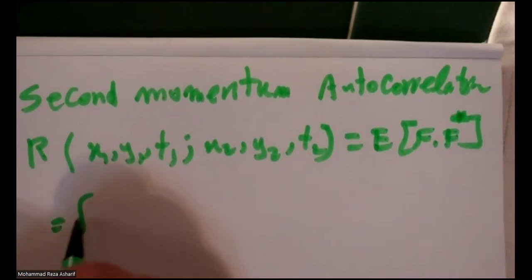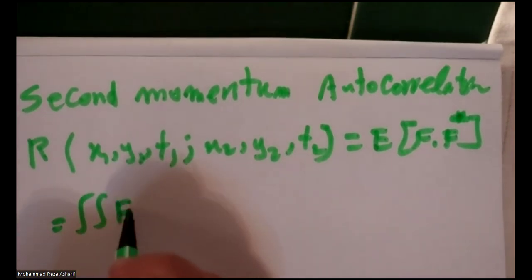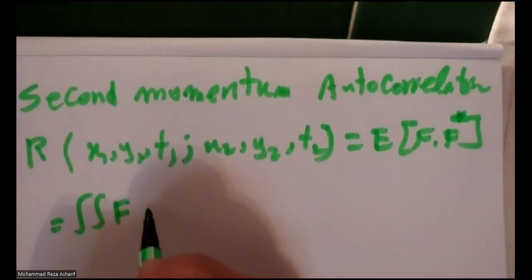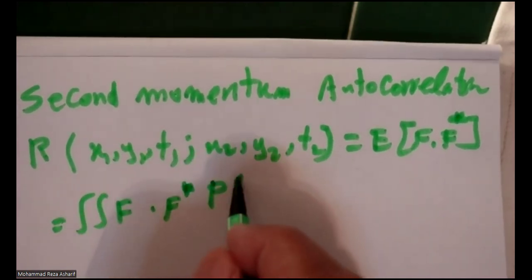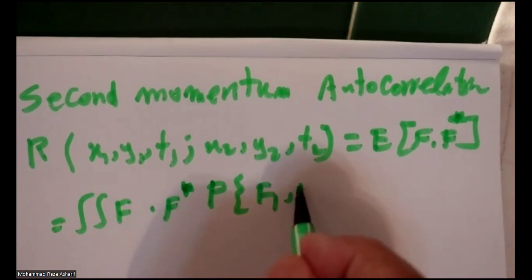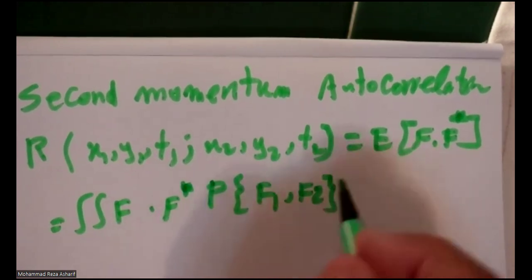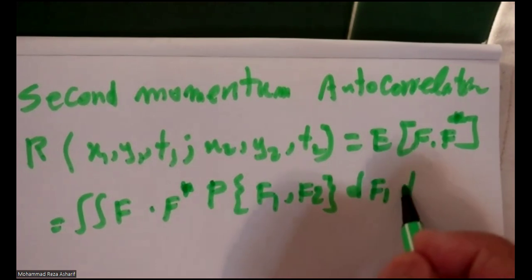This can be written as a double integral of f multiplied by f star, complex conjugate, and the joint probability of f1 and f2, df1, df2.